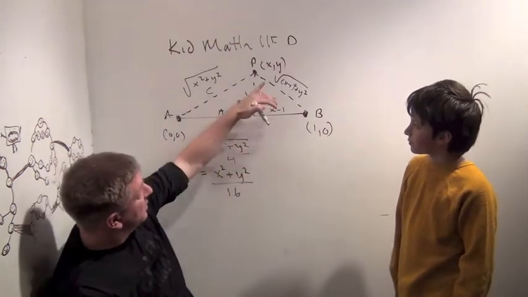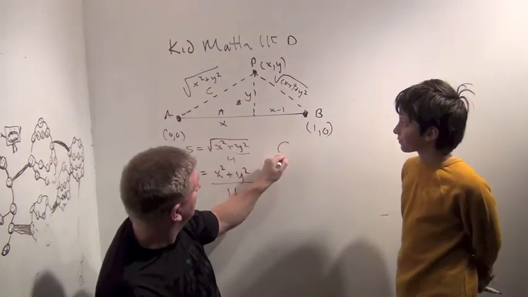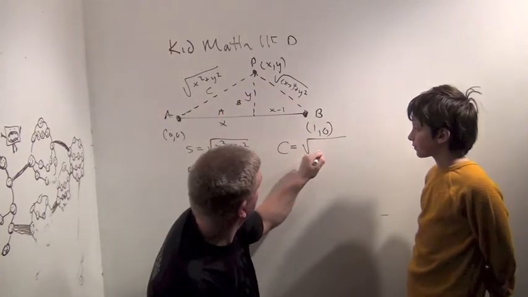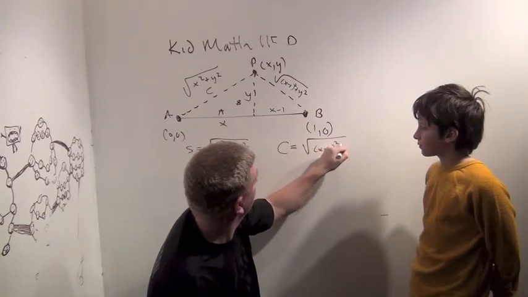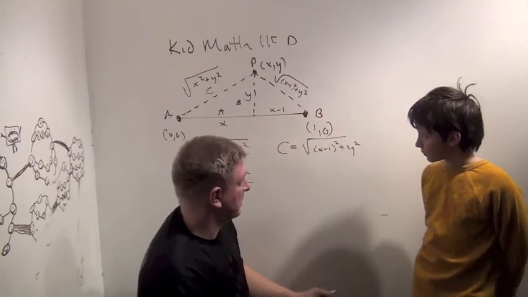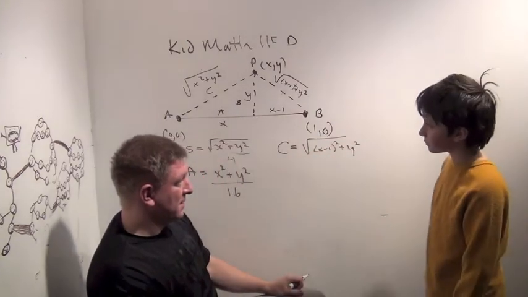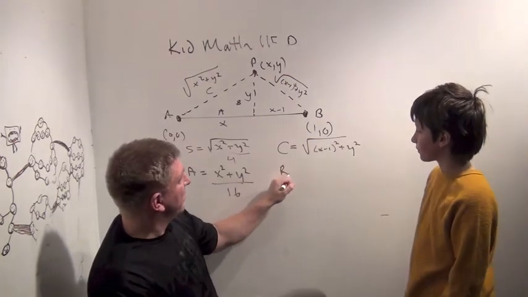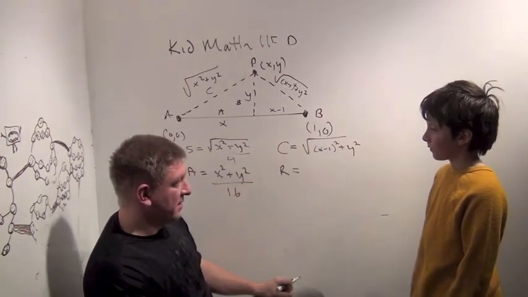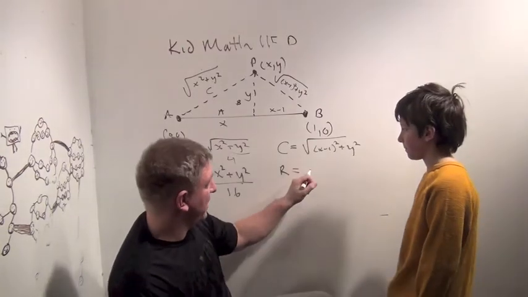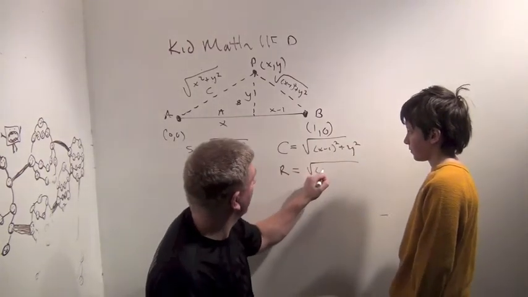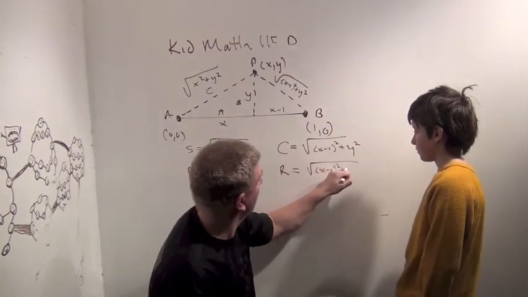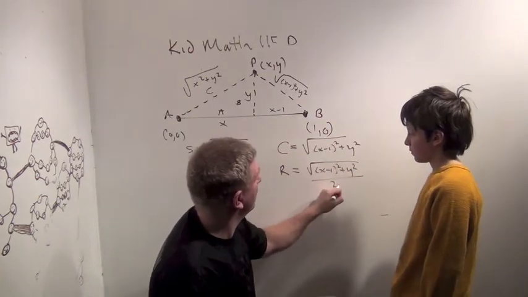The circumference of our circle is the square root of (x minus 1) squared plus y squared. How do we go from the circumference to the radius? We have to divide by 2 pi, so we get the square root of (x minus 1) squared plus y squared, all over 2 pi.